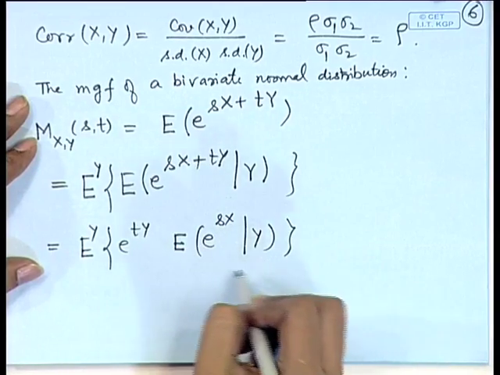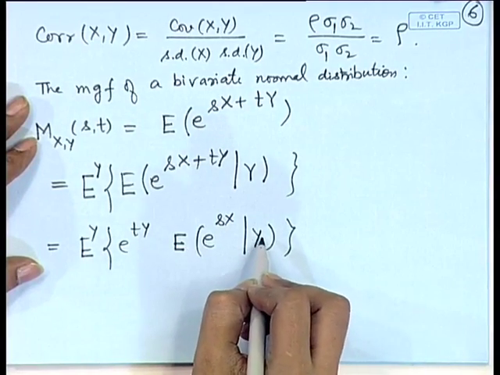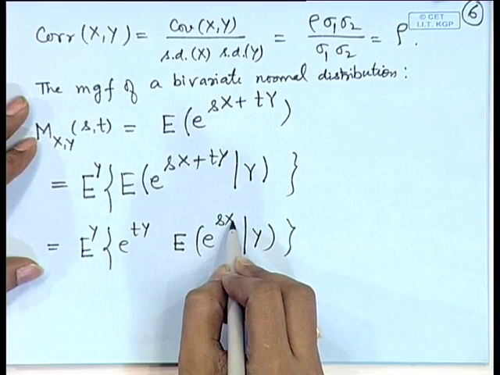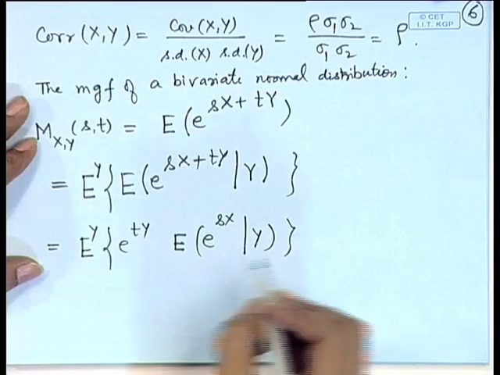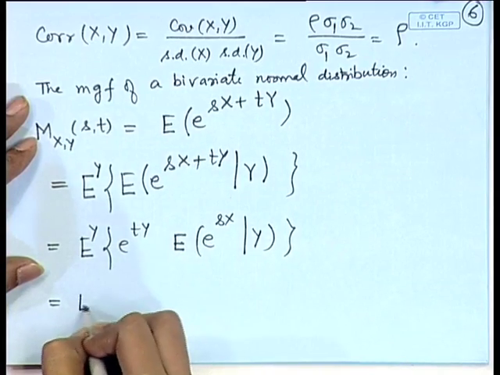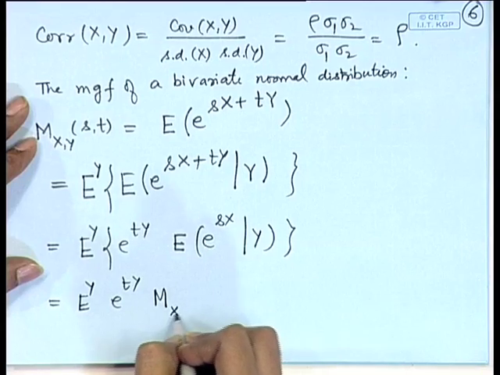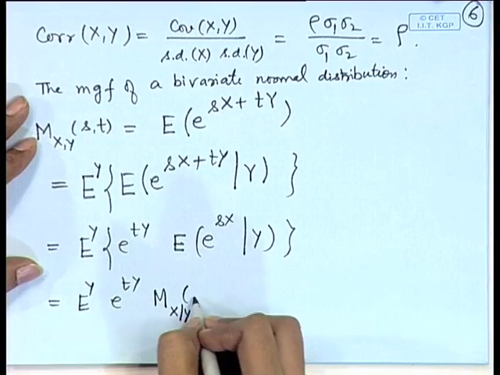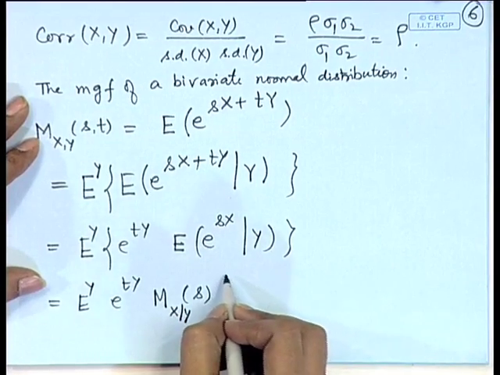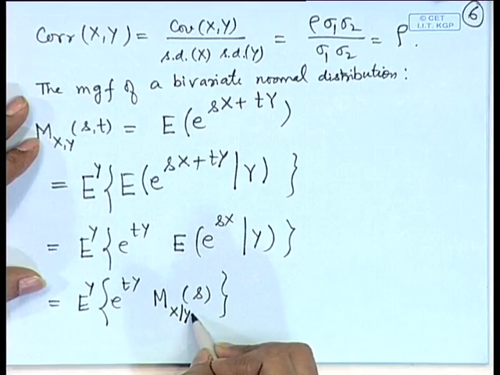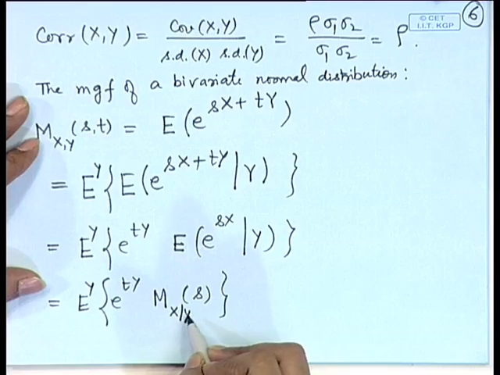Now, notice here that this inner expectation is nothing but the moment generating function of the conditional distribution of X given Y. So, this is equal to the expectation of e^(tY) into the moment generating function of the conditional distribution of X given Y at the point s. Now, here the conditional distribution of X given Y is univariate normal. We already know the form of the moment generating function of a univariate normal distribution.